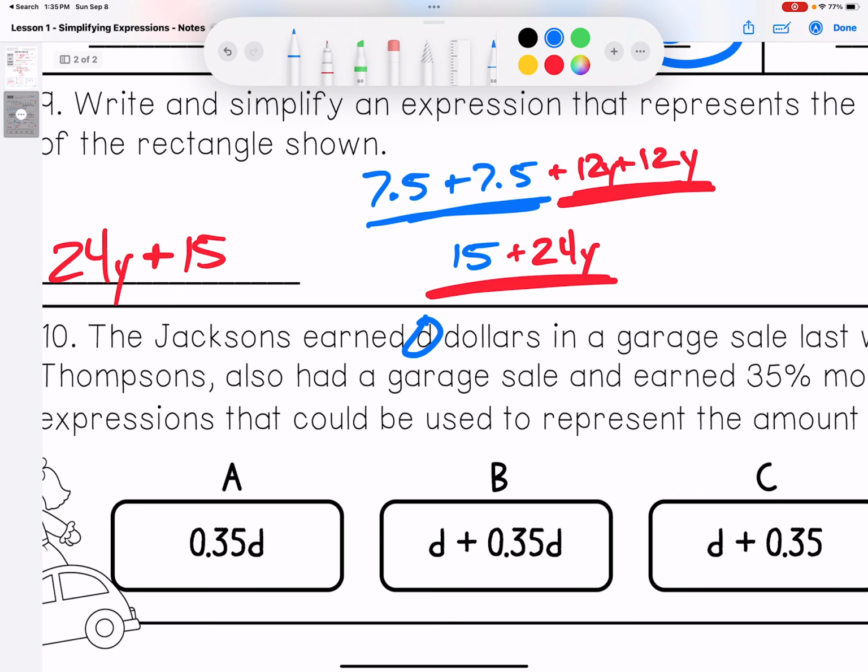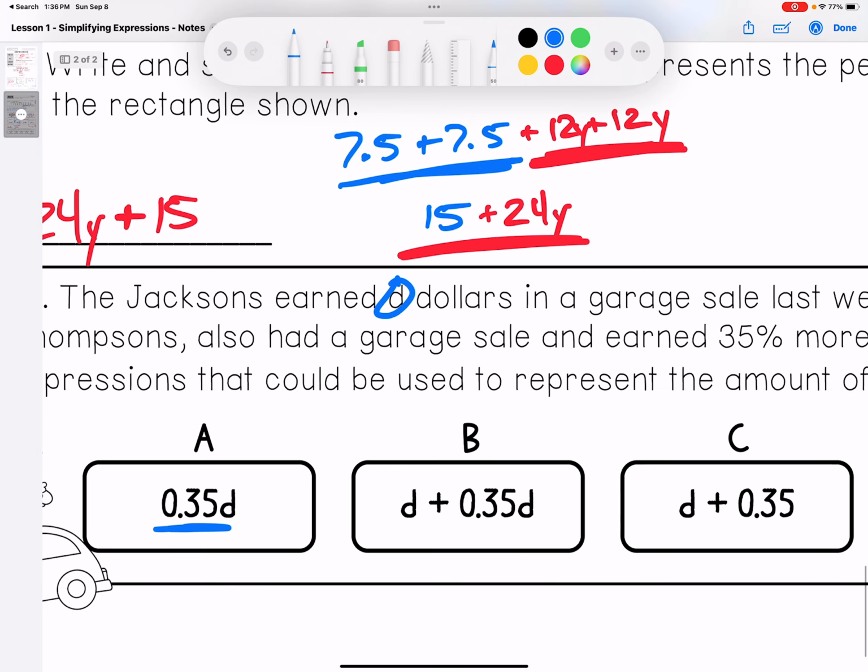So A can't be it because it only takes 35% times the amount they earned once, right? Well, they earned what they earned plus 35% more. So A cannot be it. B can be because it took what they made and then times 35%.